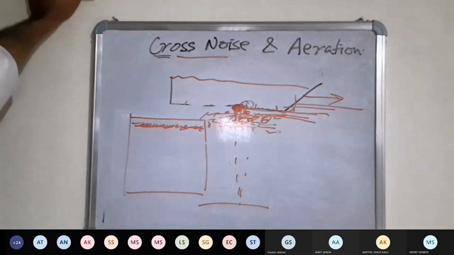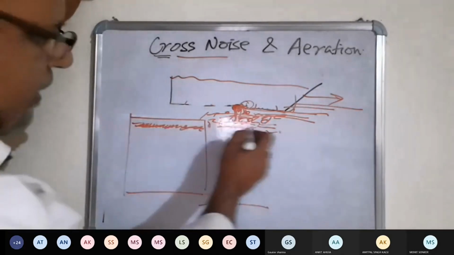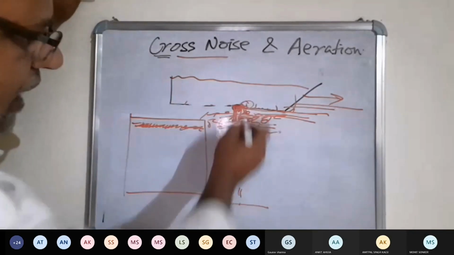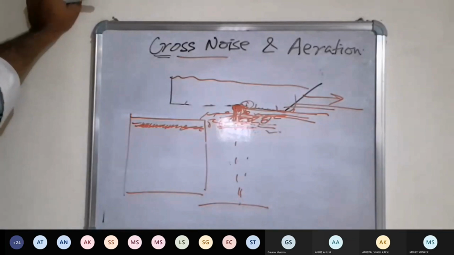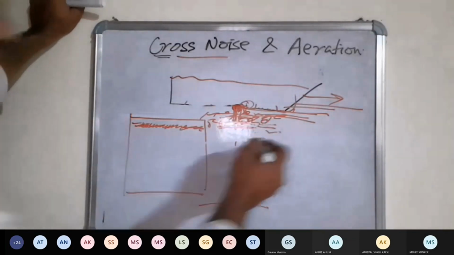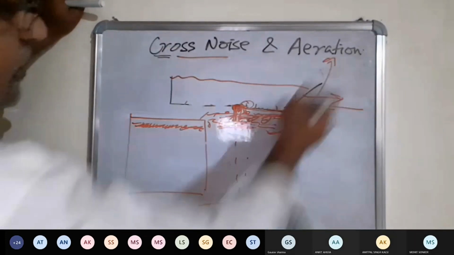This can be adjusted a little bit with the swept gain control, क्योंकि otherwise minimum depth जो reading हो रही है वो भी affected होएगी. So this is known as aeration.